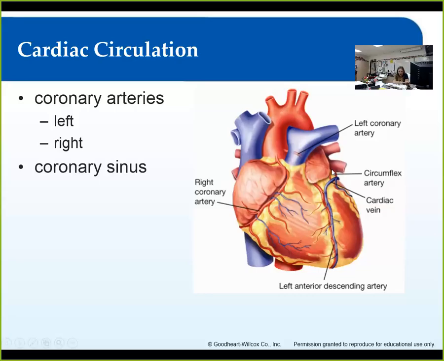Maybe it just comes back around. Anyway. The left main coronary artery divides into two, the left anterior descending and the circumflex, that supply oxygen-rich blood. I'm sorry, I got ahead of myself on my lines here.